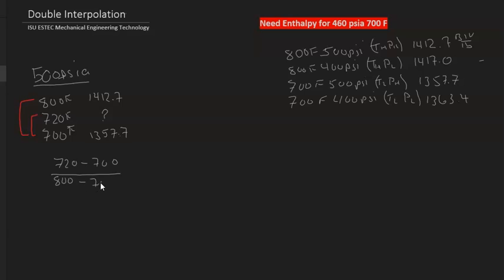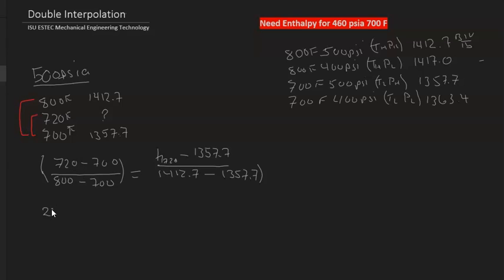And that ratio is going to be equal to the H value at the 720 high pressure minus our 1357.7, and we're going to divide that by our 1412.7 minus the 1357.7 there.